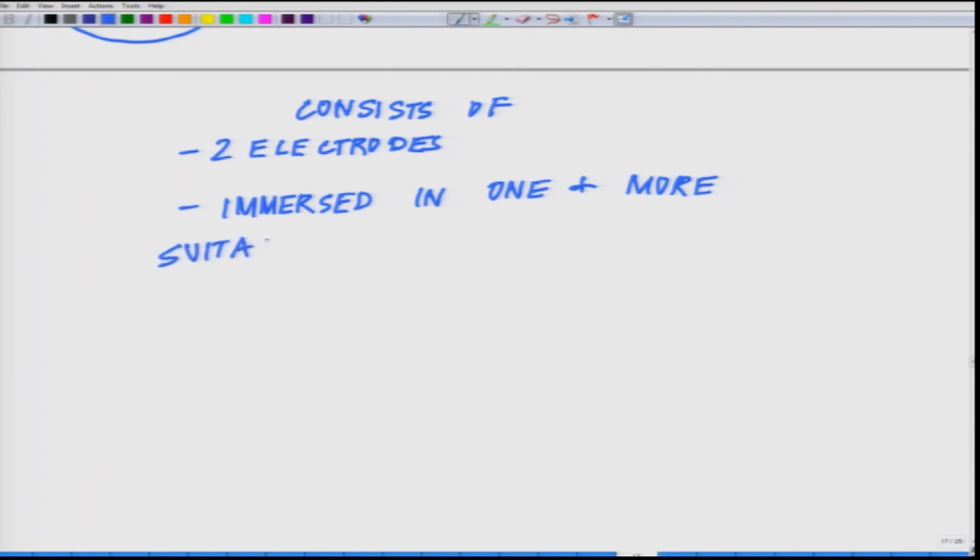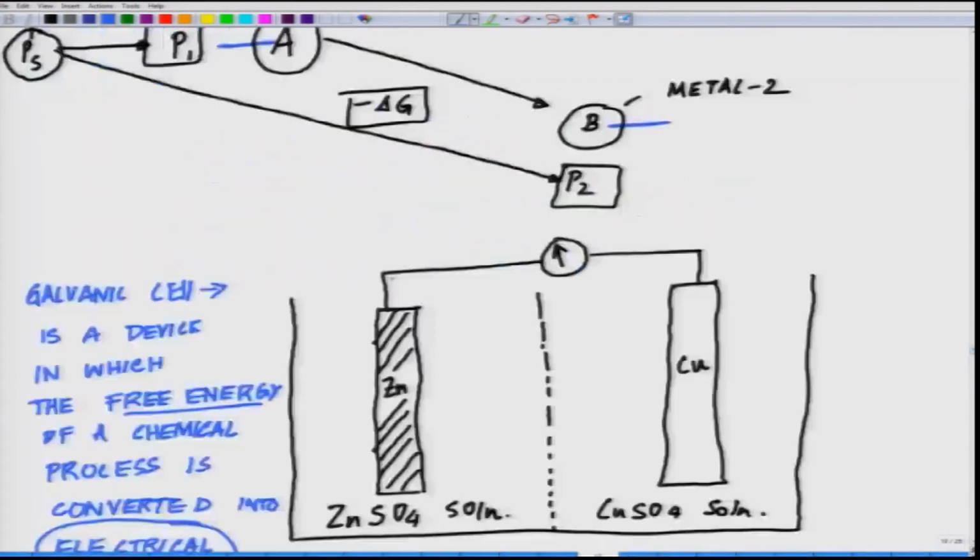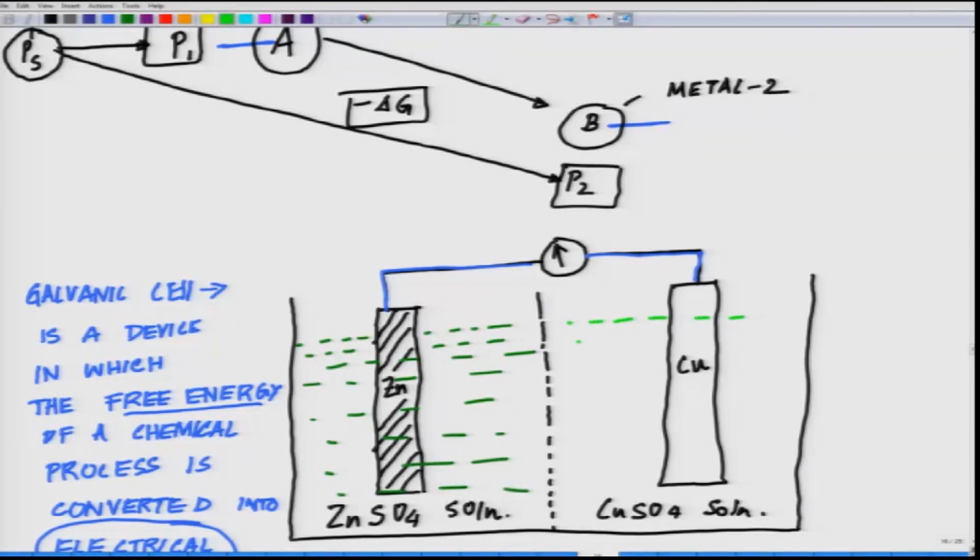At this point, we are talking about 2 different electrolytes. The electrodes are connected externally by a metallic conductor. This is the metallic conductor we are talking about, and here we have a different salt solution, that is zinc sulfate, and on the other side we have copper sulfate.